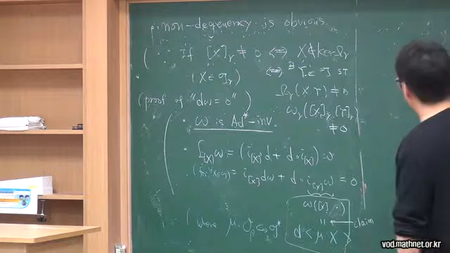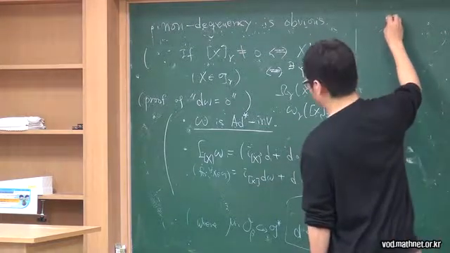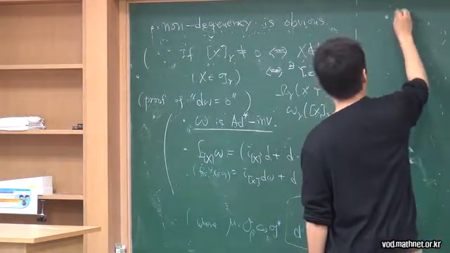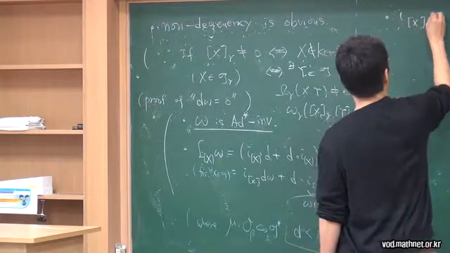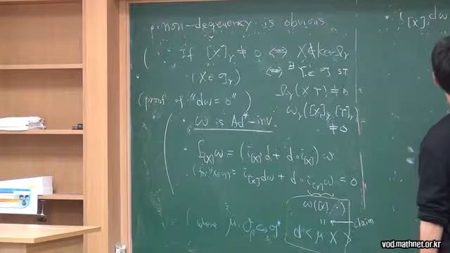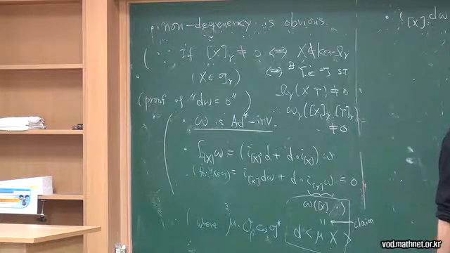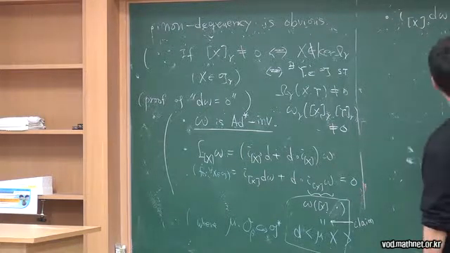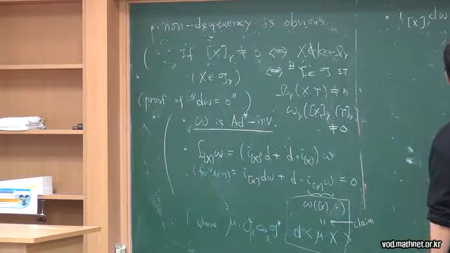Okay, and the third one is i_x d omega is 0 for every x if and only if d omega is 0.